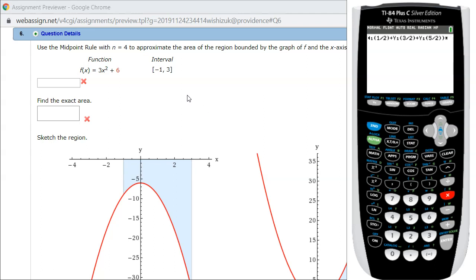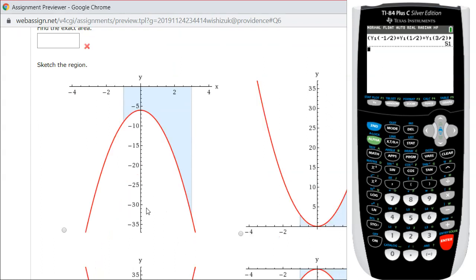In this case, delta x is 3 minus -1, which is 4, divided by n, which is 4. So 4 divided by 4 is 1. It's multiplied by 1, which really doesn't do anything. Then you just hit enter. It came out to be 51, so M4 is 51.